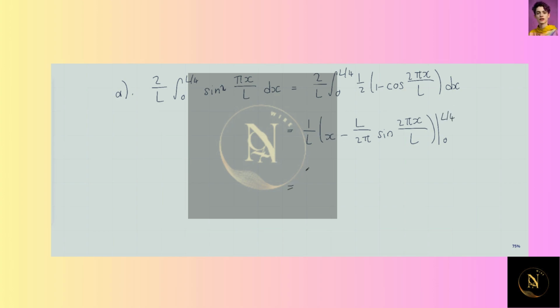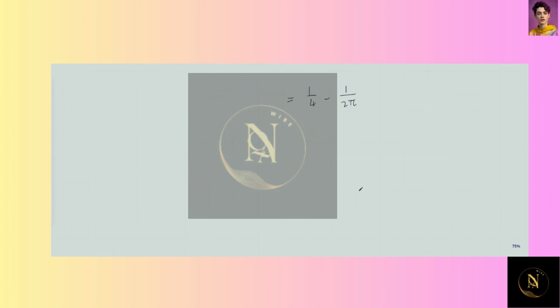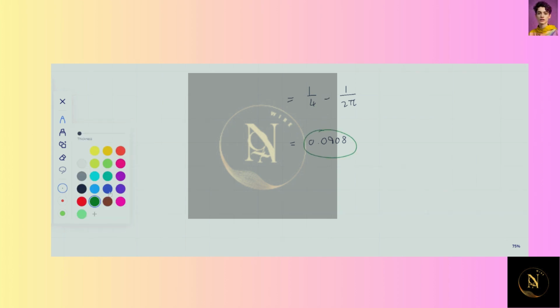And so this gives us 1 over 4 minus 1 over 2 pi, which is approximately 0.0908. So that's the probability of finding the particle between 0 and L over 4.